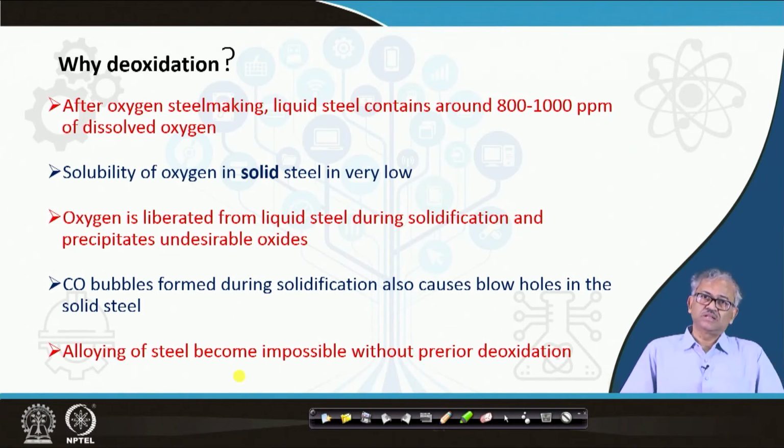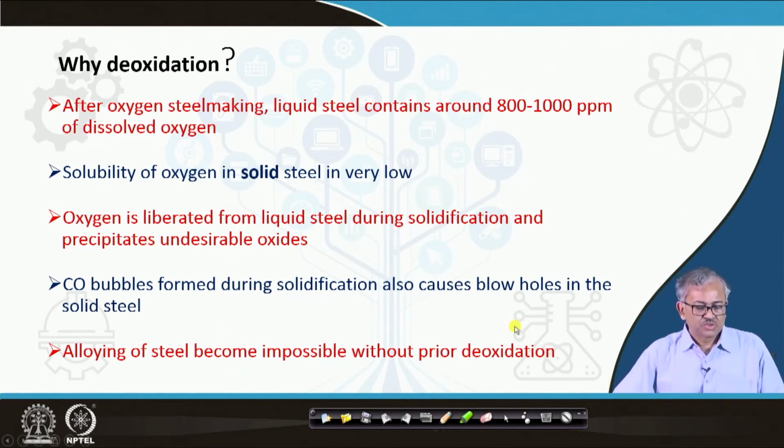So it is essential to deoxidize the bath, which is called killing of the bath, before you add any alloying element. So alloying of steel becomes impossible without prior deoxidation. You have to do deoxidation first, otherwise alloying is not possible. This is the reason why you should do deoxidation.